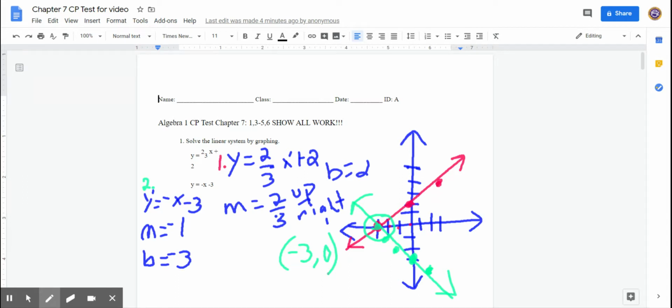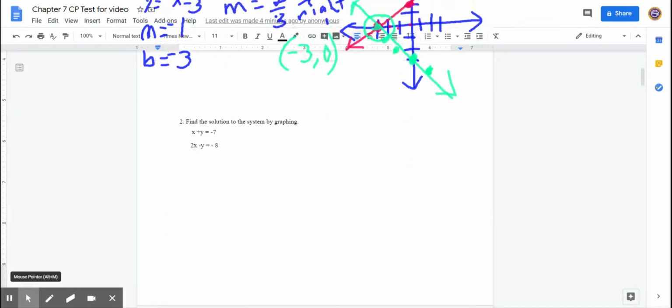Solving a linear system by graphing is asking you the question, where do these two lines intersect? They intersect at the point -3, 0. And that's what I would have liked to see. Just writing down m equals, b equals, and then showing me some points so that I know you actually did those graphs to find the answer.